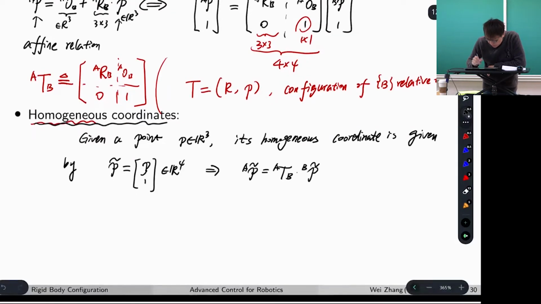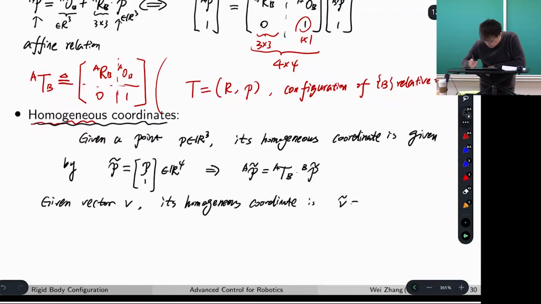Now I'm going to ask you another thing. Let's say given a vector V, its homogeneous coordinate, Stefan, what do you think? It's called V tilde.